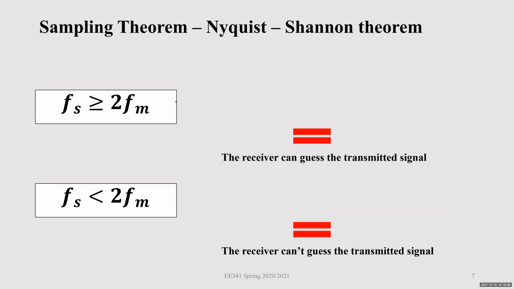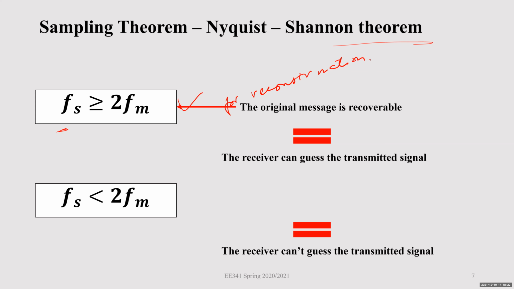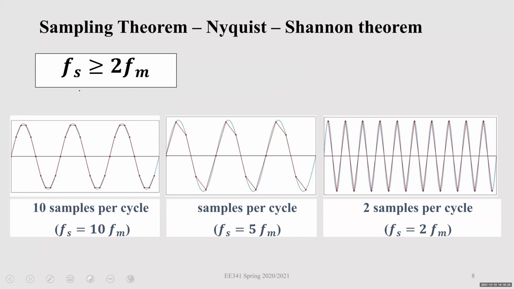Okay, so this is the Nyquist-Shannon sampling theorem, which I explained: Fs should be greater than 2 FM for reconstruction. So you see that when Fs is greater than or equal to 2 into FM, this signal can be reconstructed. You see there are 10 samples in this one cycle.